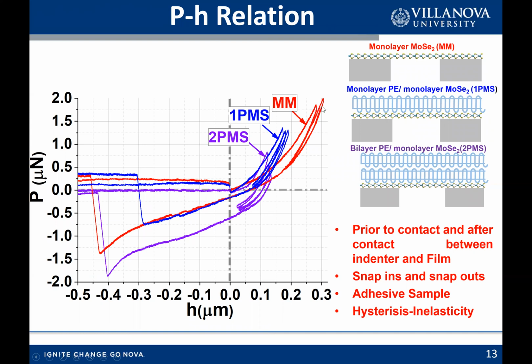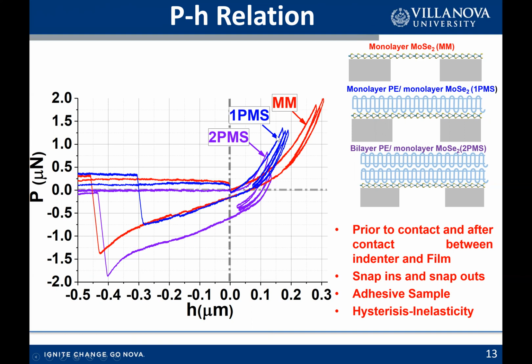So we can see there are 3 loading and unloading curves, and in the end the load becomes negative, and at the end it snaps out. So this is snap out and this is snap in, and we can see the load becomes negative and zero as well. So this shows the adhesive nature of the coating.